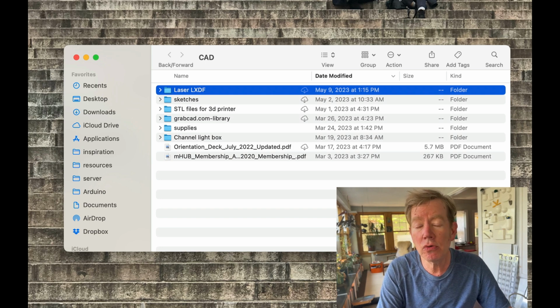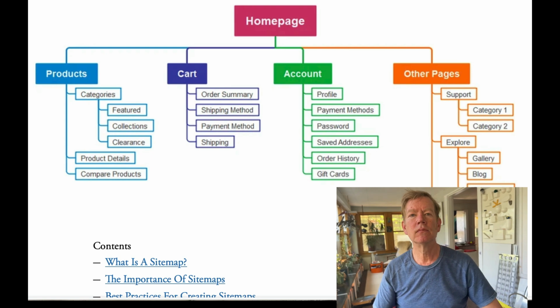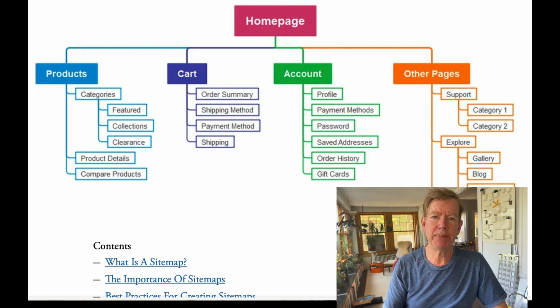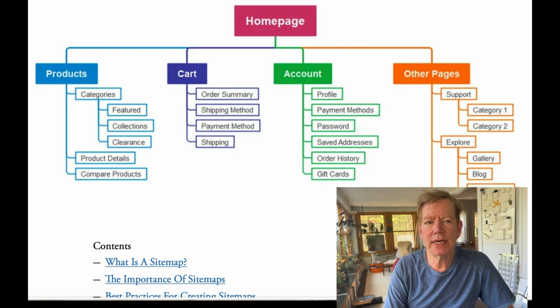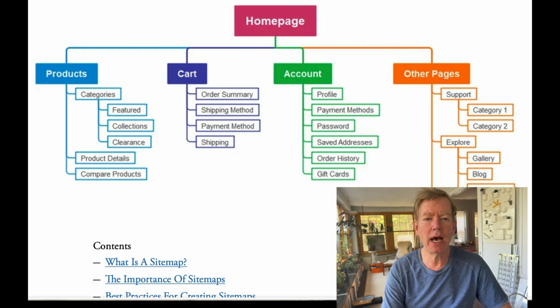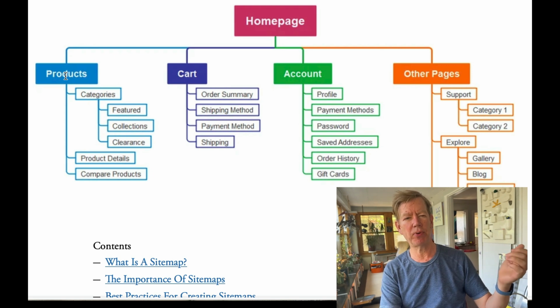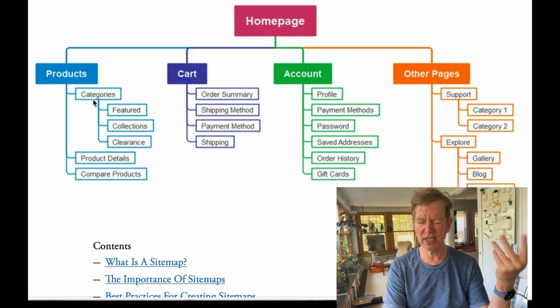So on that note, let's take a look at this concept of a sitemap. Here is a typical sitemap. What I would say is it may or may not be particularly useful, yet it says there's this area in our site called products, and those products have categories.